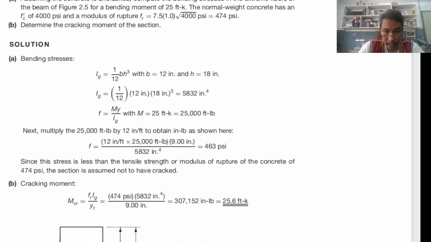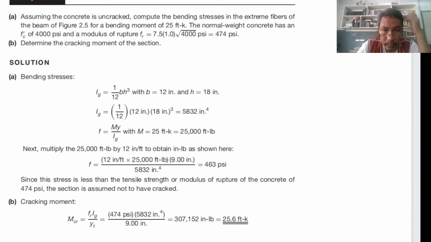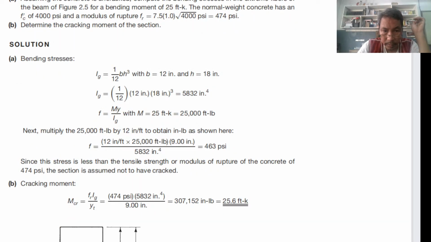Why are we using 9? Divide by what we found as Ig.